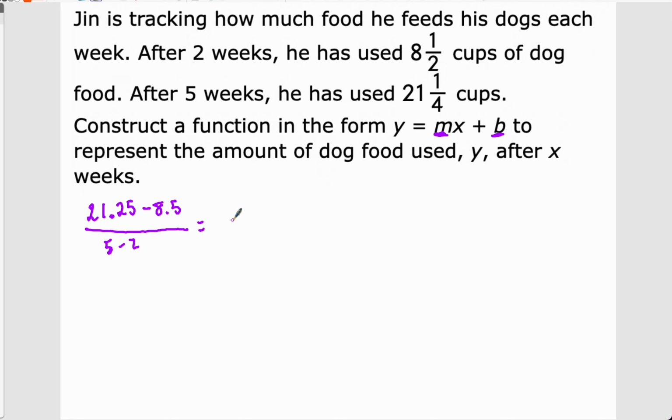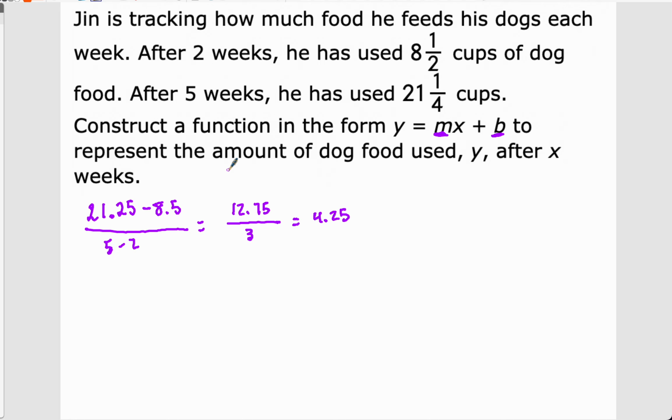I'm getting my calculator out here. 21.25 minus 8.5 equals 12.75. And 5 minus 2 is 3. 12.75 divided by 3 is 4.25. So 4.25 or 4 1/4 cups of dog food every week is what he's doing.